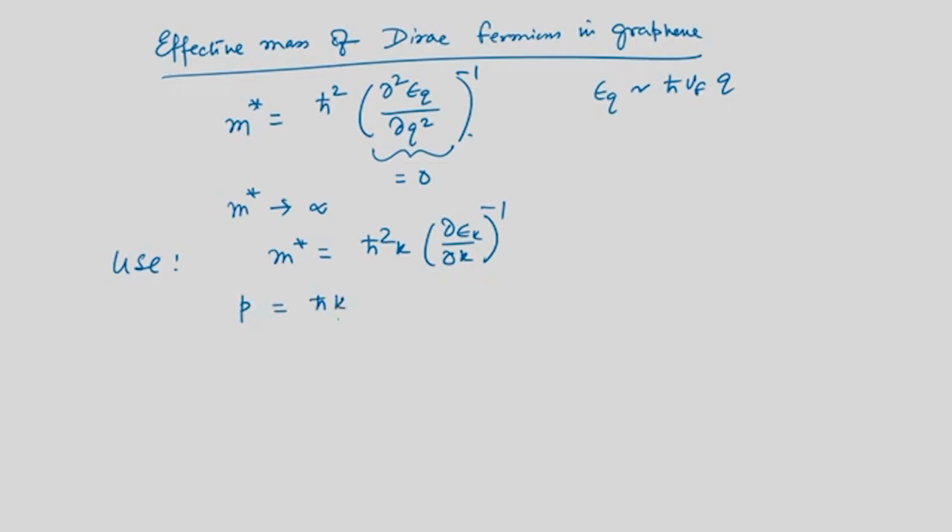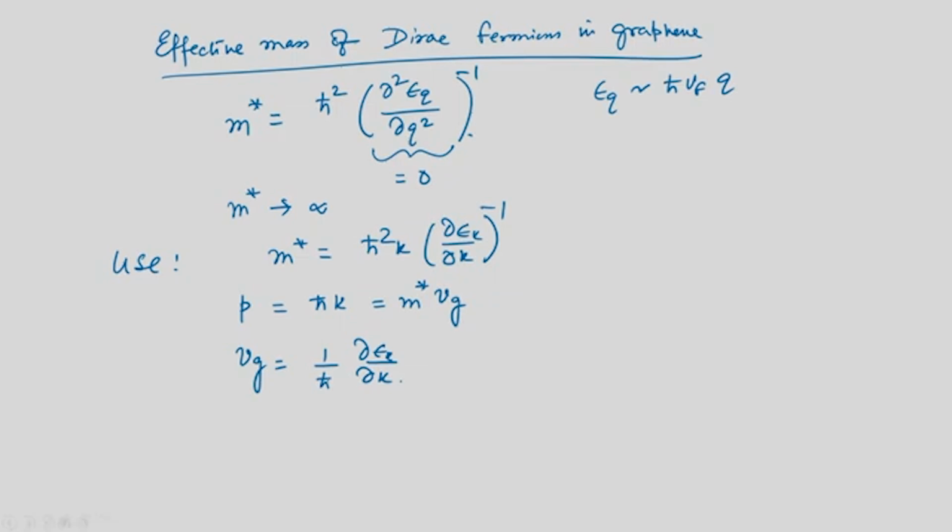So, we have p equal to h cross k, which is nothing but m star into v g, where v g denotes the group velocity. Okay. So, this v g has a form which is equal to 1 by h cross del E del k, that is the group velocity, which is obtained from the slope of the dispersion.